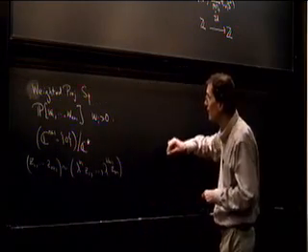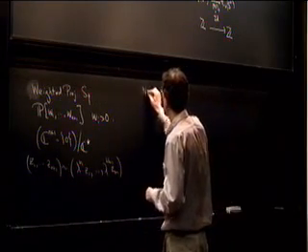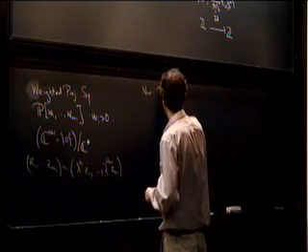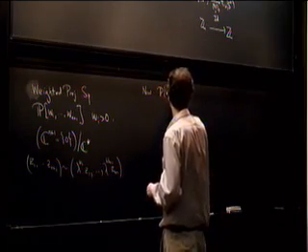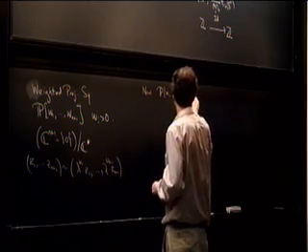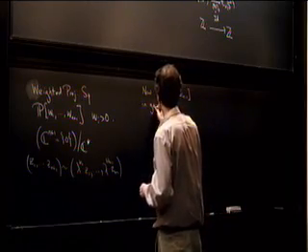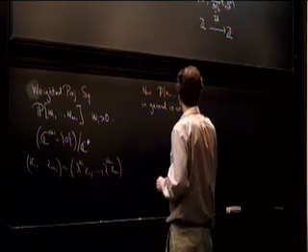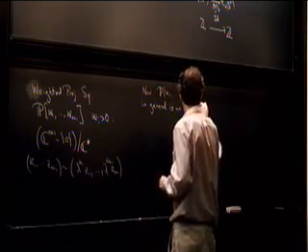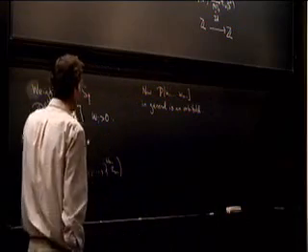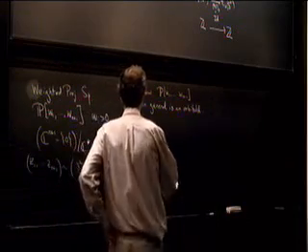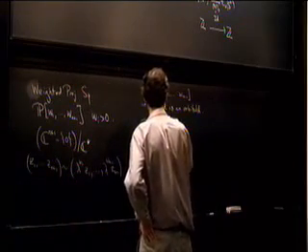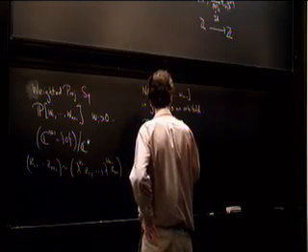But the important thing to bear in mind is that now P of W1 through Wn plus 1 in general is an orbifold. Let's see why that's true. In an example, let's work out P of 1, 1, 2.